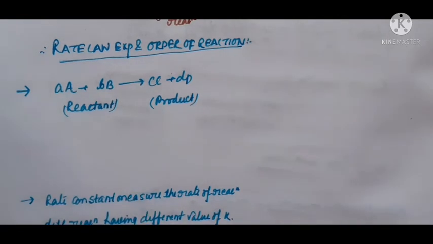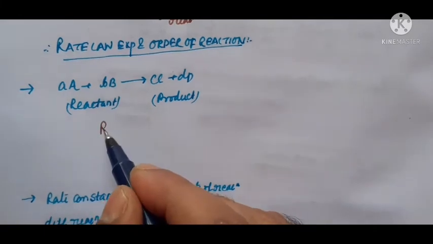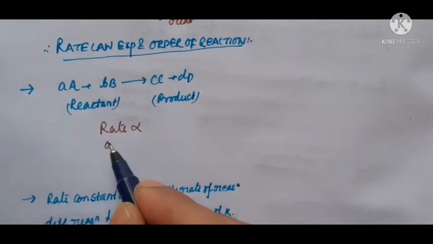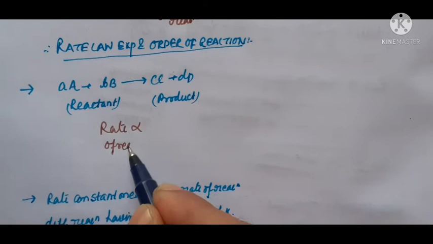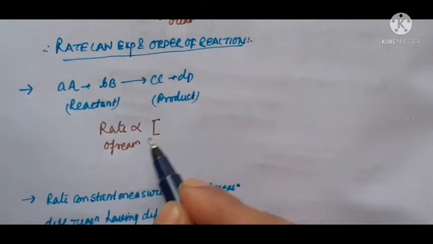It is important to note that the rate of a chemical reaction is directly proportional to the concentration of the reactant. So we can write: rate of reaction is directly proportional to the concentration of the reactants.